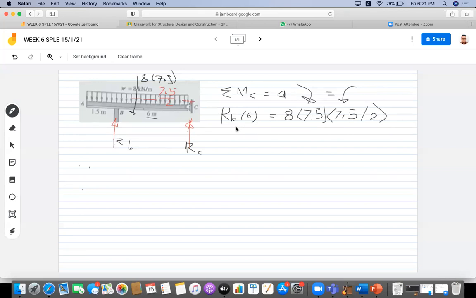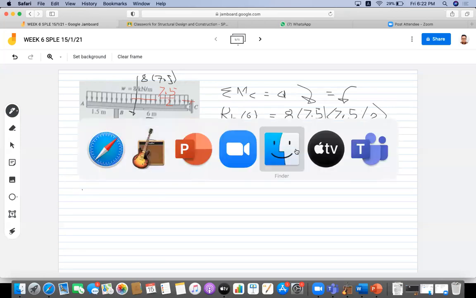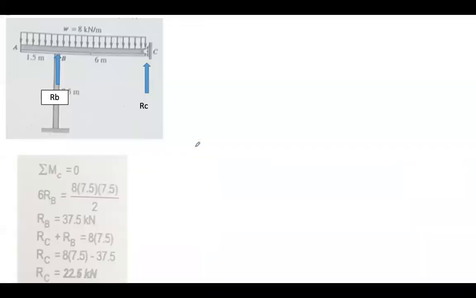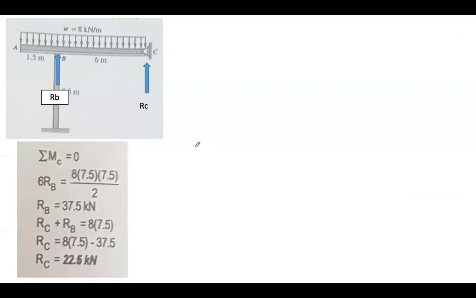So we can therefore compute RB. If you have calculator, you can try what should be the value. So I think that is, okay. So you have this value is equal to 37.5.